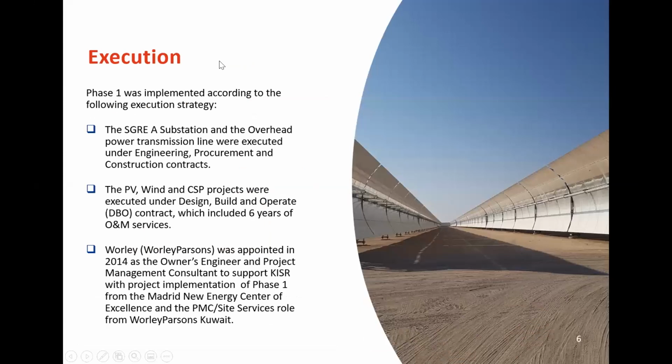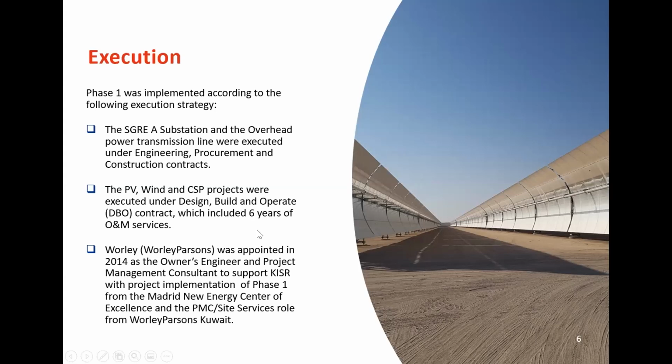On the execution, phase 1 was implemented considering the following execution or contracting strategy. The substation and the overhead power transmission line were executed under EPC contracts, which, as I mentioned before, ended. So the delivery ended in 2017.